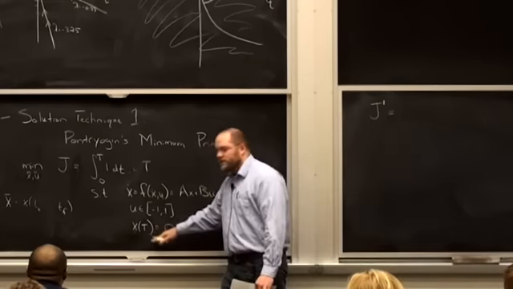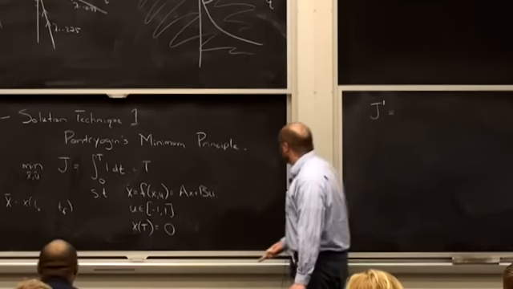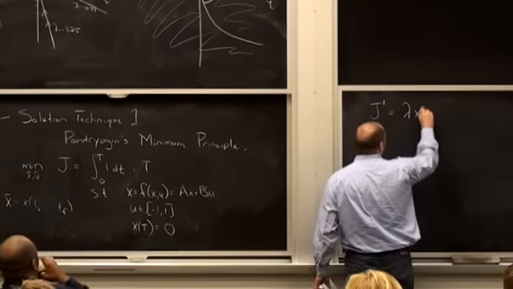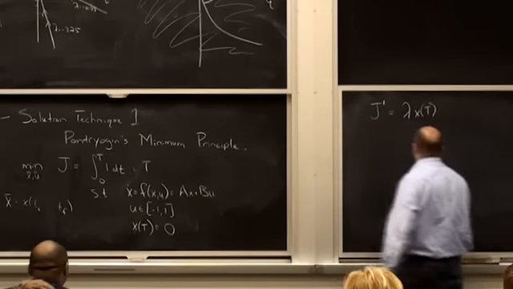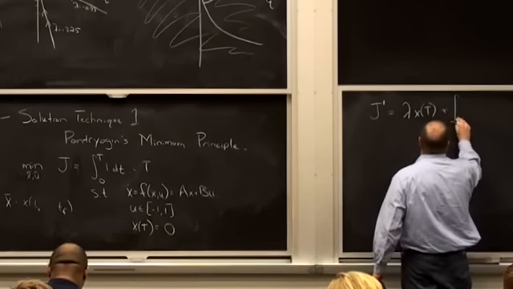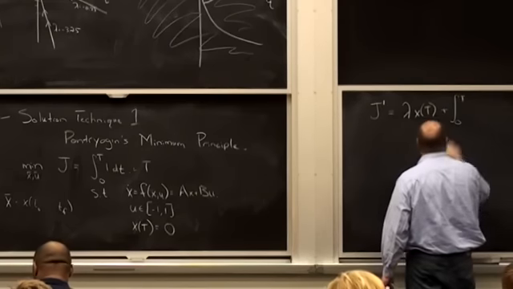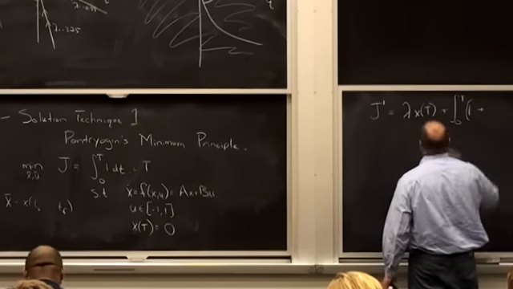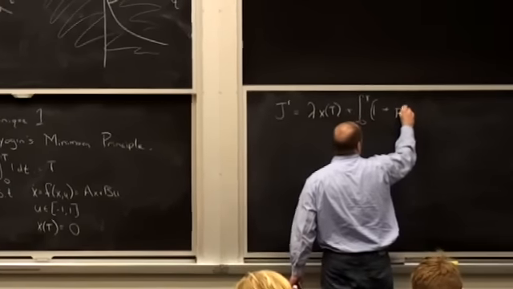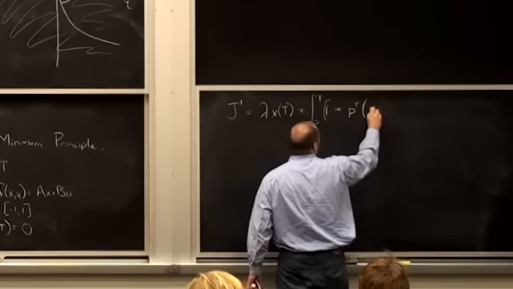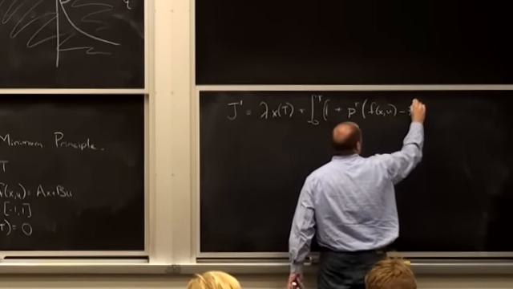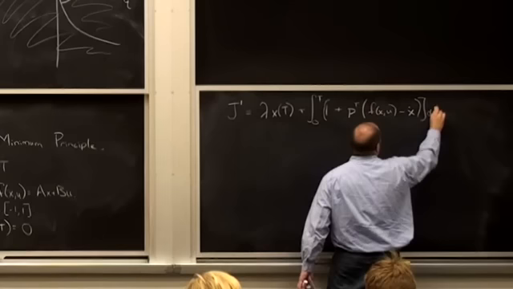First of all, we've got a constraint on x(T) equaling 0, so I can put that in as a Lagrange multiplier, lambda times something that better equals 0, which in this case was just x(T). Plus the integral from 0 to T of the constraint on the dynamics, with a different Lagrange multiplier, p times f of x, u minus x dot, this whole thing dt.